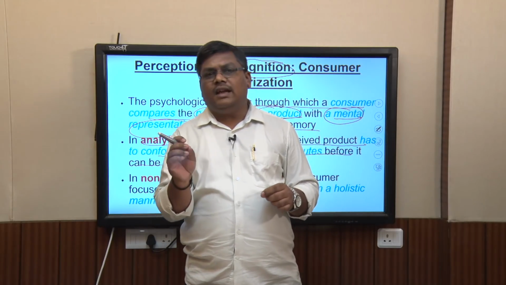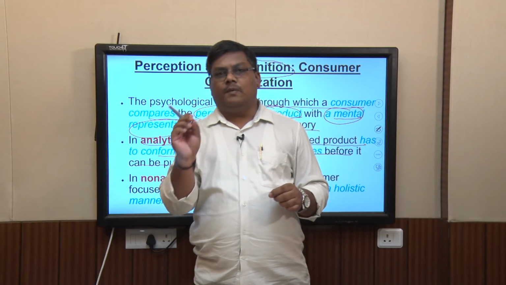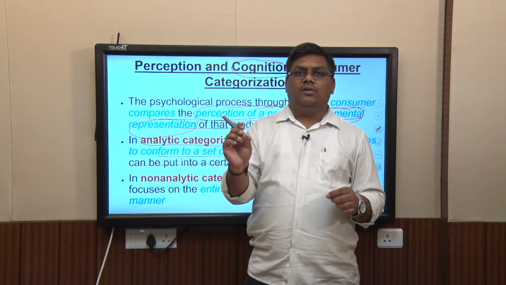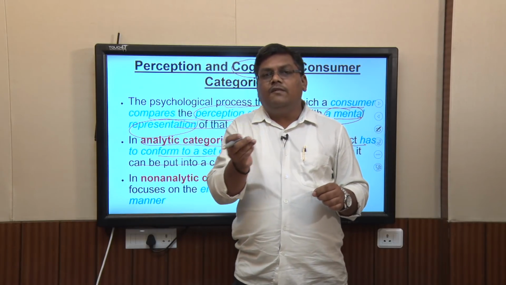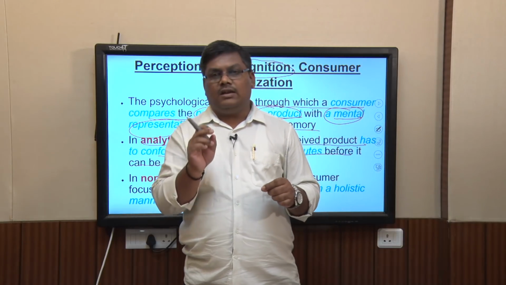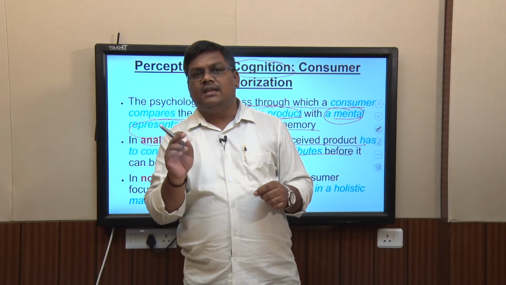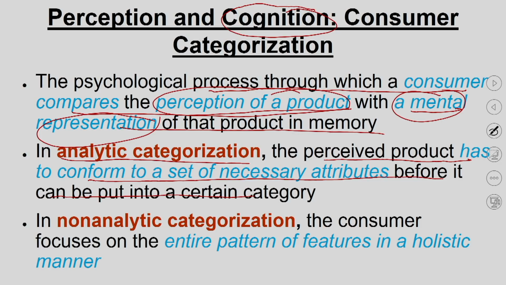He says there are three parameters he will use: whether the beer has the taste of hops, whether it has a pale yellow color, and whether it has a particular smell or aroma. If the new beer matches these three factors, only then will he categorize it as beer, and this kind of categorization is called analytical categorization.